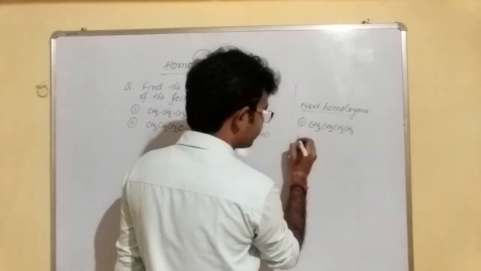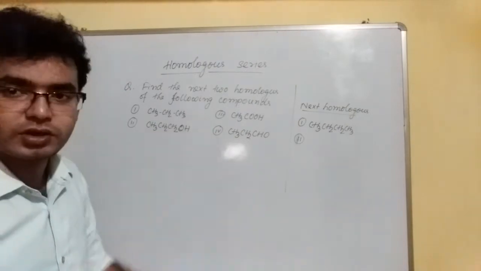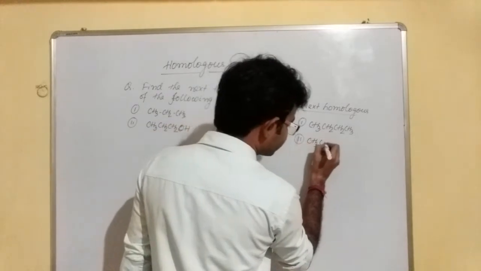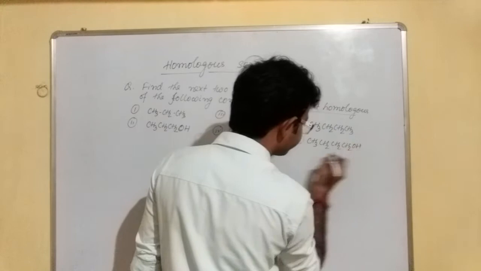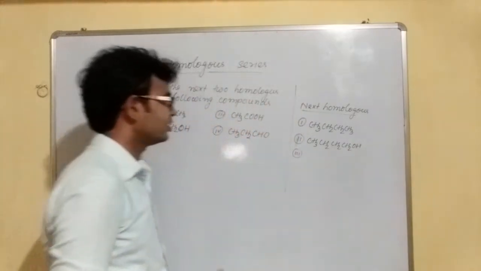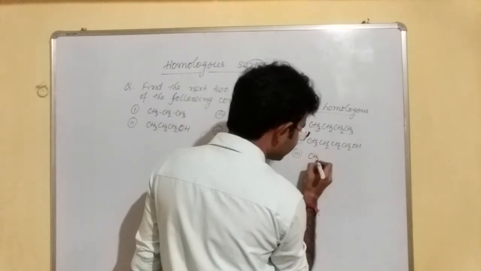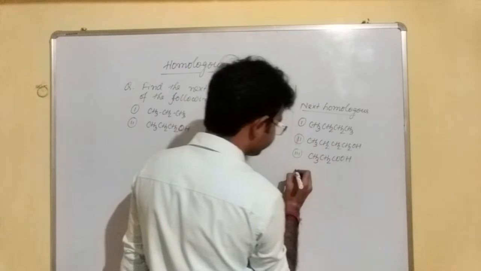Let us solve the next one. Here CH3 CH2 CH2OH, so the next homologous will be CH3 CH2 CH2 CH2OH. Number 3, CH3COOH. The next one will be CH3 CH2 COOH.